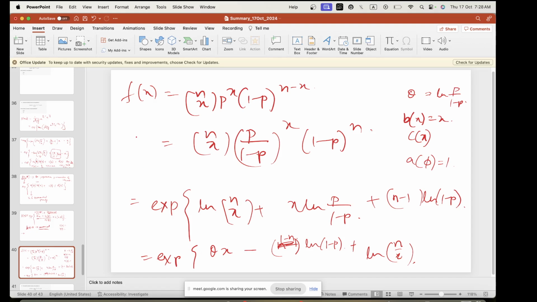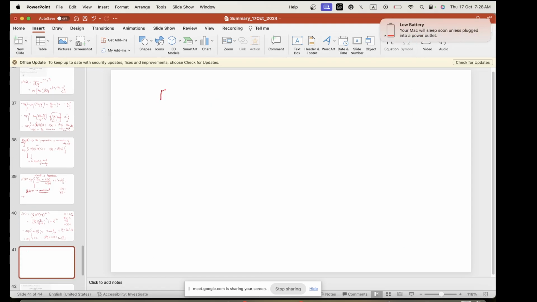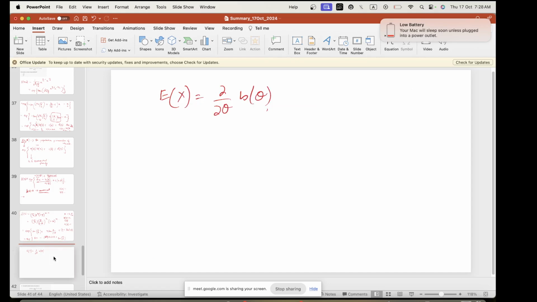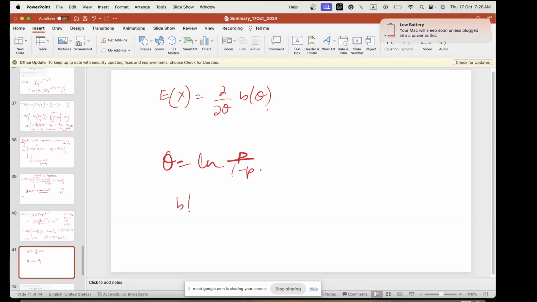And now what are they saying? What is the expectation of x? It is d by d theta of b theta. So d by d theta of b theta is how much here? Okay, so theta is ln p by 1 minus p, and b theta equals n ln (1 minus p).